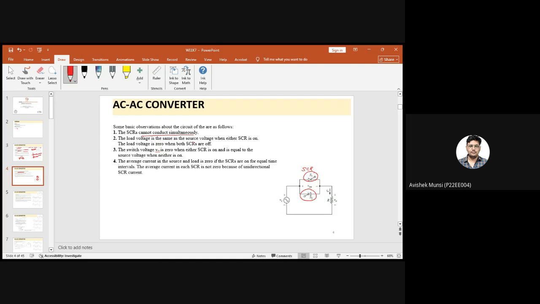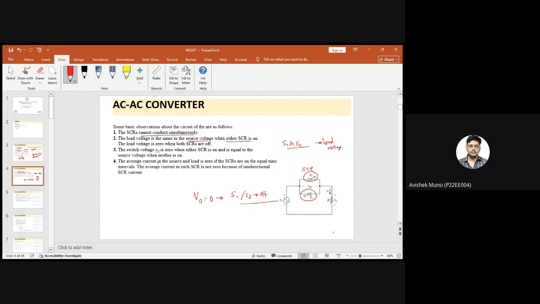The load voltage is the same as the source voltage when either SCR is on. If either S1 or S2 is on, the load voltage will be the same. And the load voltage V0 will be zero when both S1 and S2 are off.